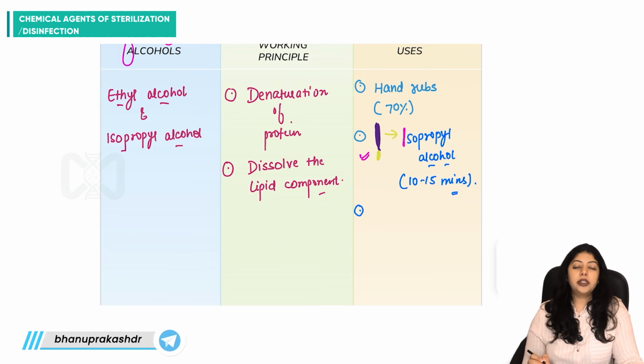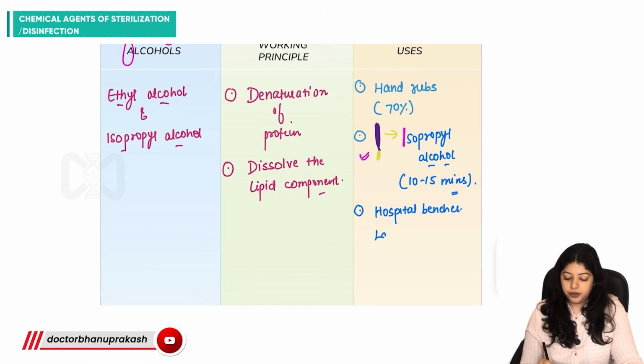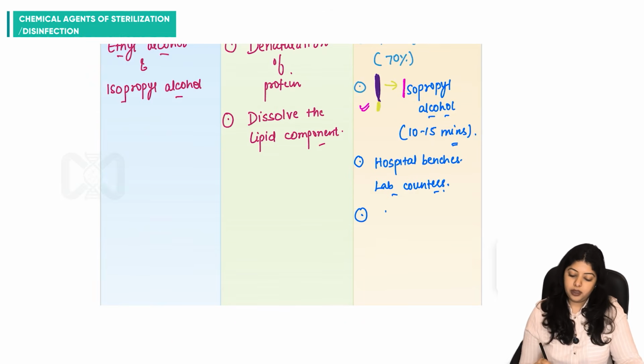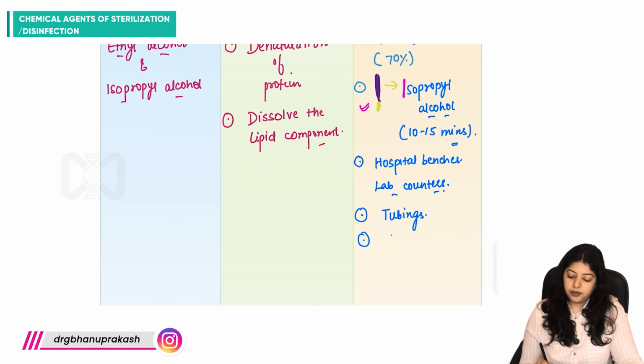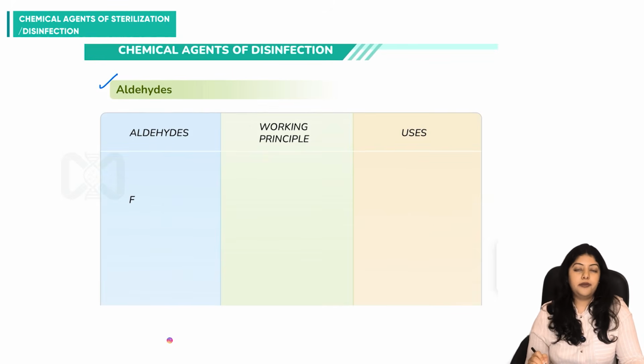Then these alcohols can also be used to disinfect certain hospital setups or certain areas like hospital benches, lab counters, certain tubings, catheter hubs, etc. So now let's move on to the next category of disinfectants.